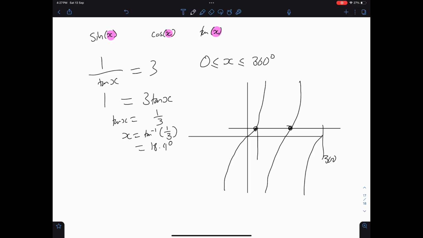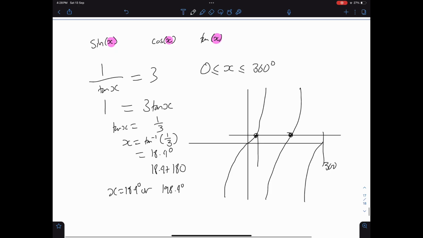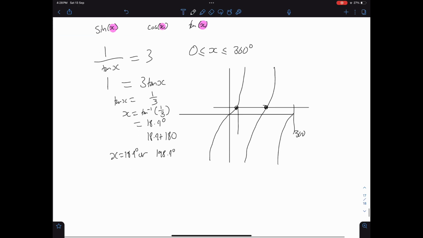And because the period of a tan graph is 180, that's 18.4 plus 180. So then x is equal to 18.4 or 198.4 degrees. And for angles in degrees, we round to one decimal place. So you get something like that.